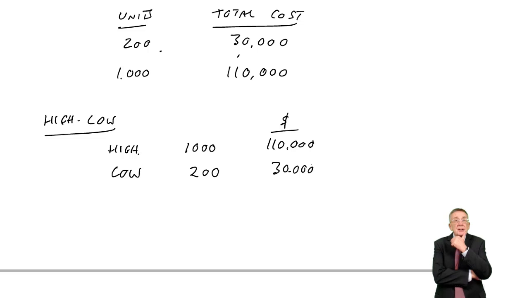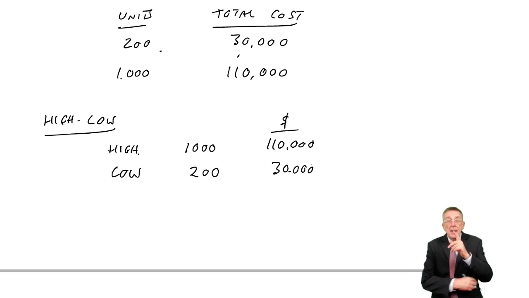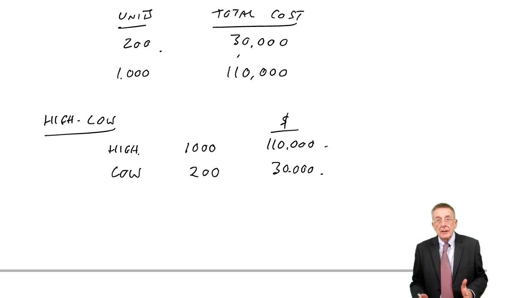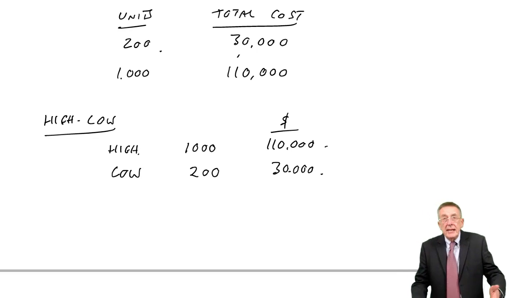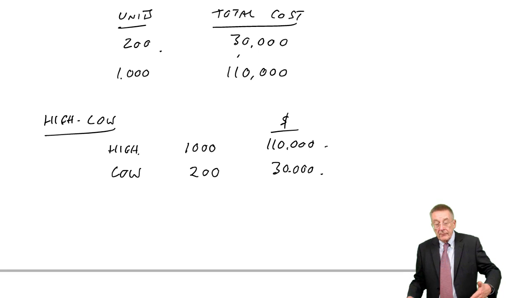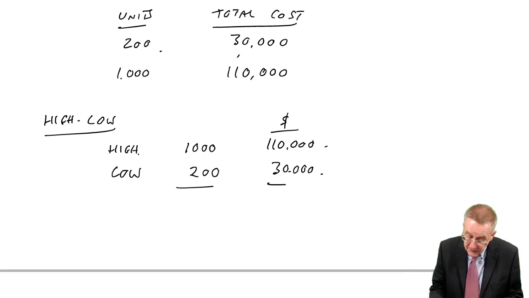And we say, well, why are the two different? Why is the cost higher? Remember, any fixed cost will be the same in both cases. So the only reason that the high one has a higher cost is the extra variable cost of the extra units. We look at the difference.